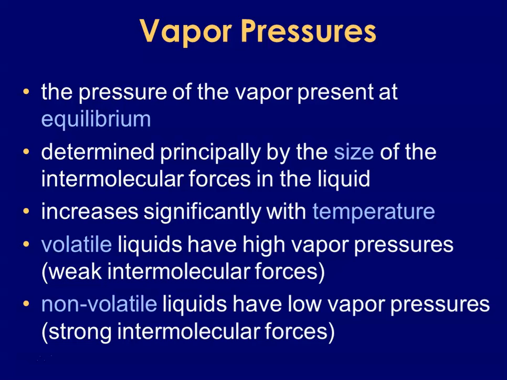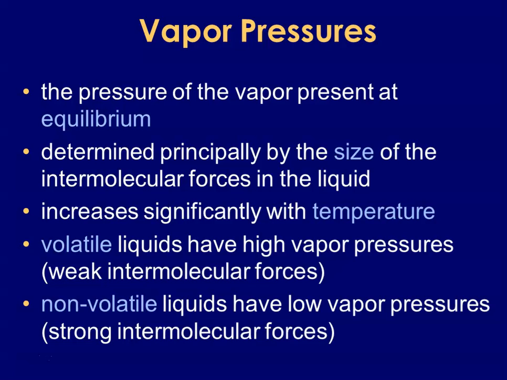Next up is vapor pressure. We saw with surface tension and with viscosity that they both increased as the type or the strength of your intermolecular forces increased. Vapor pressure is going to do the opposite. Vapor pressure is the pressure of the gas that is present at equilibrium, and it is determined, like all the others, by the intermolecular forces that are present.